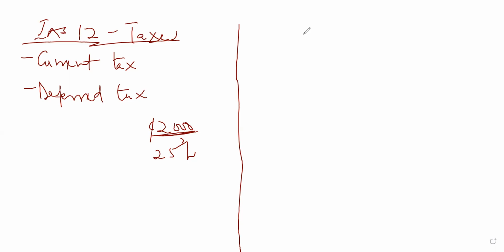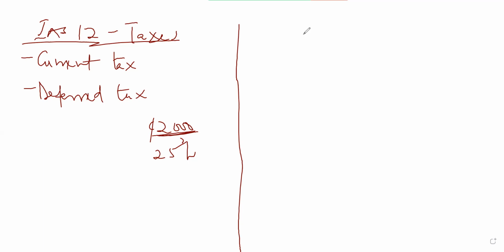So if you made a profit of 2,000, and the tax rate is 25%, if you apply the 25% on the 2,000, the amount that you get as a tax is what we call the current tax. Okay, but what normally happens is that the company will never know the tax that they are going to pay to the tax authority, or the current tax they are going to pay for the current year, before the year ends.